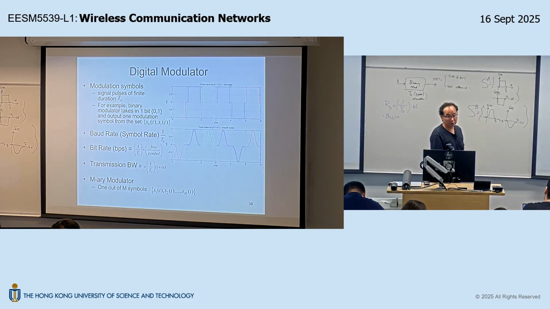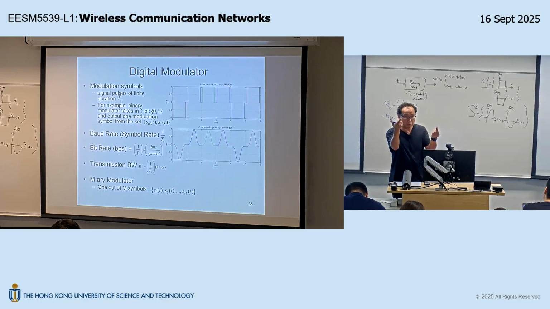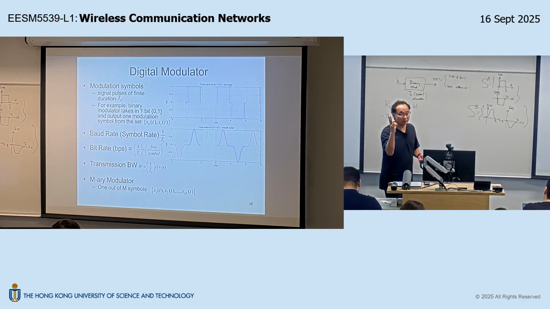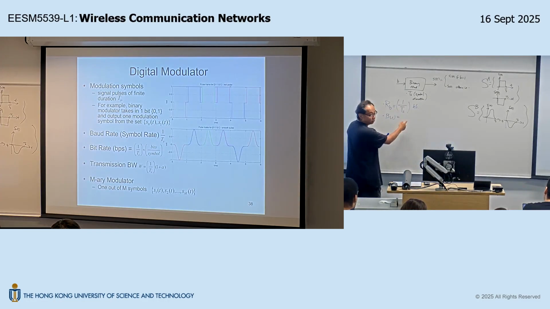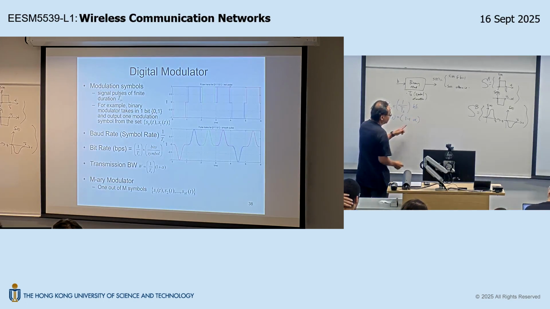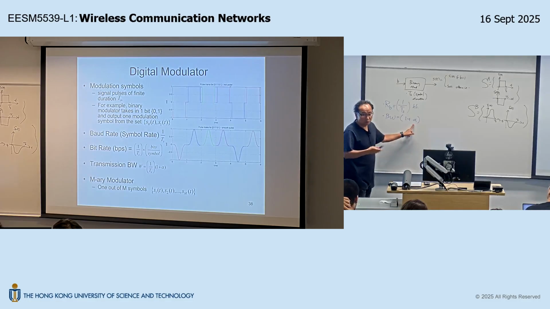Number two factor is what? The symbol duration, right? Remember, there's a trade-off between bandwidth and symbol duration. If you squeeze the bandwidth, the symbol duration will be expanded. If you squeeze the symbol duration, the bandwidth will be expanded, right? These were the two factors. So in general, bandwidth has two factors, right? So let's introduce some parameters. This alpha accounts for the contribution due to the pulse shape.